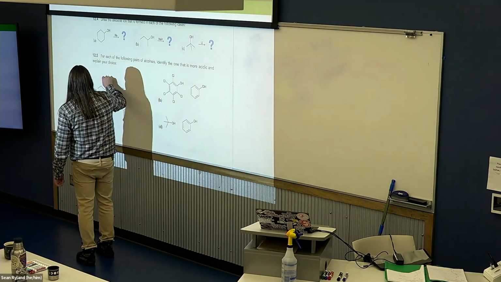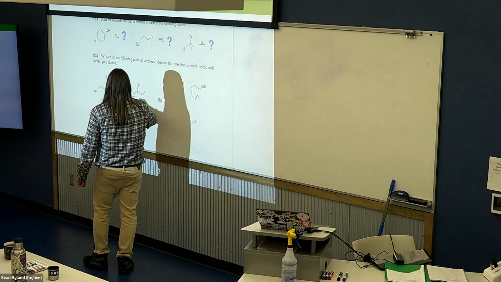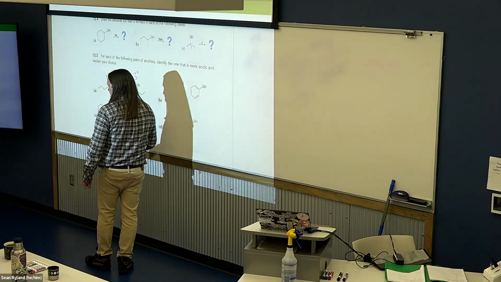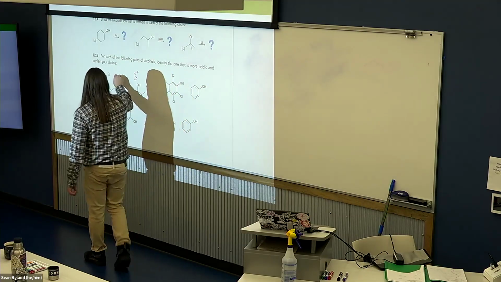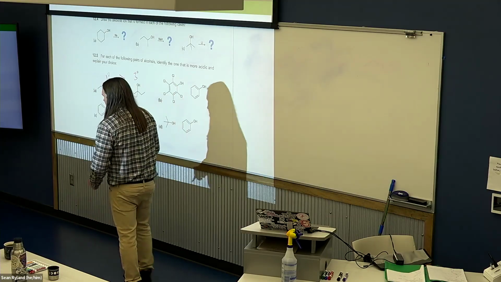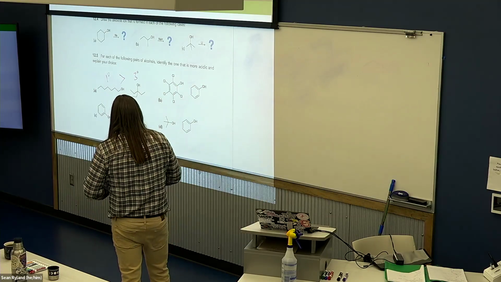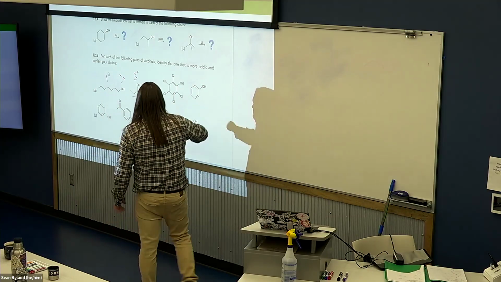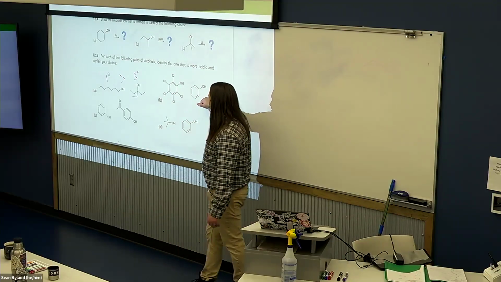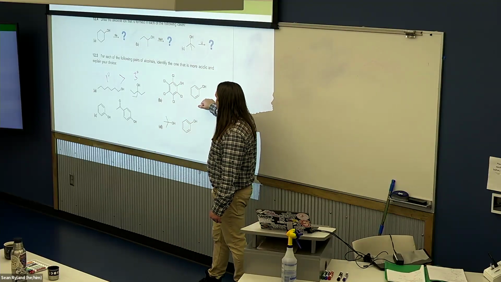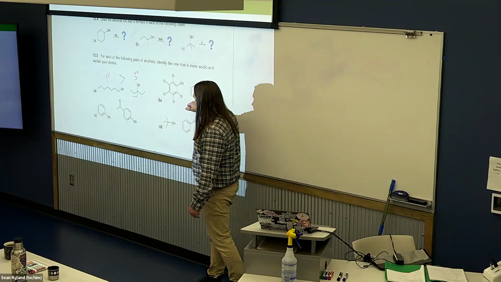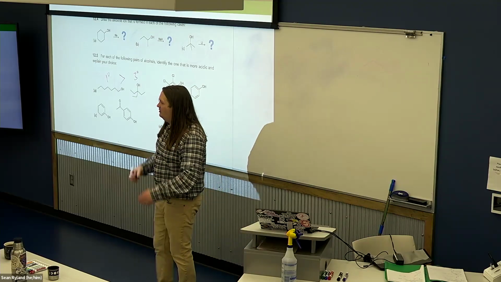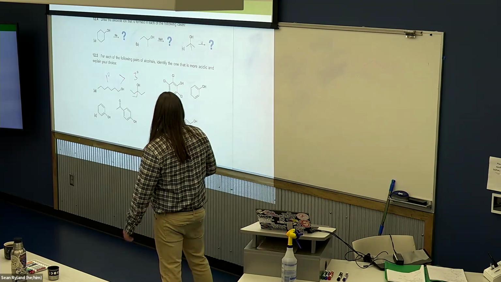So primary is going to be more acidic than tertiary. The one on the left has all the electron withdrawing groups, right? It has all the electronegativity.